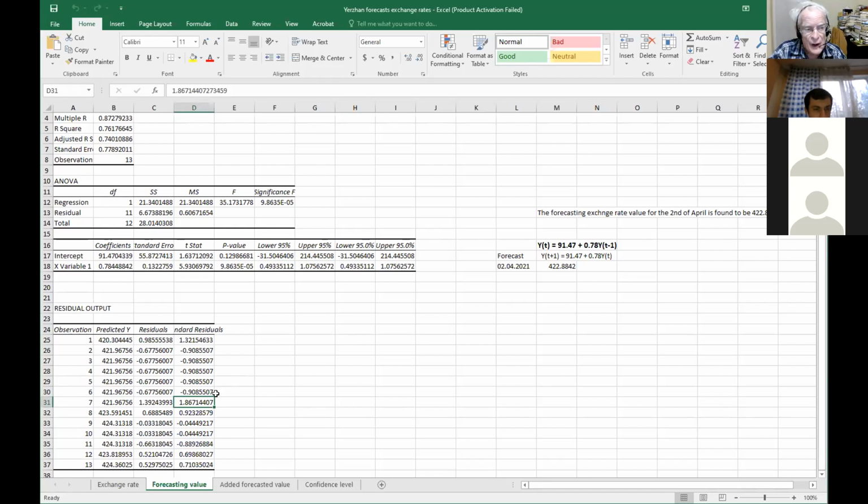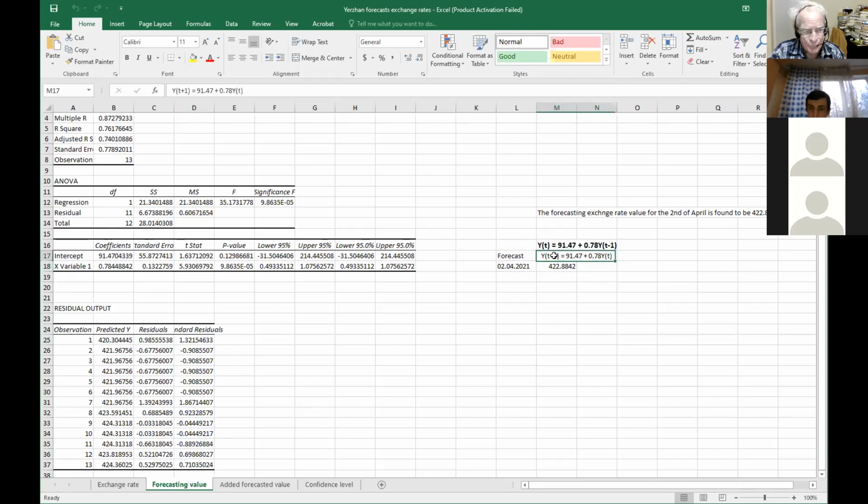So my forecast for the 2nd of April was 122.88 tenge. And how did you arrive at that? Y at T equals the coefficient of the intercept plus the coefficient of X variable 1 times the lag.